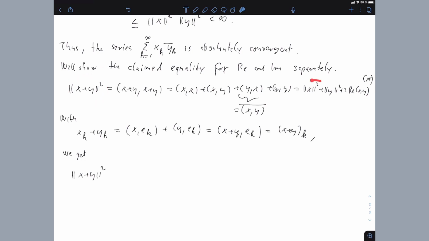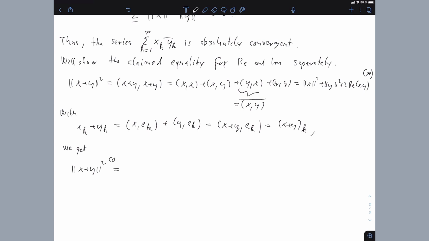We also know the same for these two. And that means if we have these three things, we get a representation for the remaining part, so the real part of the scalar product that we're looking for. Yeah? So this is why this equation gives us a way to represent the missing scalar product.